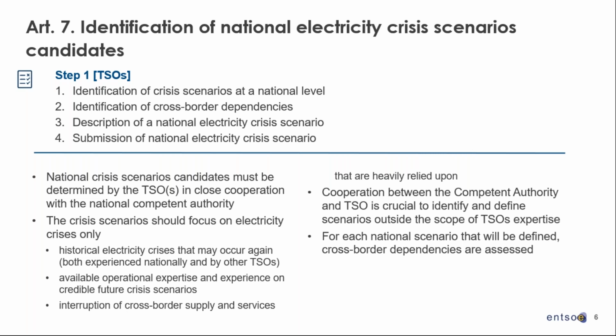When it comes to the establishment of the risk preparedness plans, it'll also be a cooperative association. So the first step is to identify these national crisis scenario candidates, and we need to understand what the cross-border dependencies are within that, and a descriptive picture of that scenario. And then the TSOs will submit those scenarios to ENTSO-E. So the next slide, please.